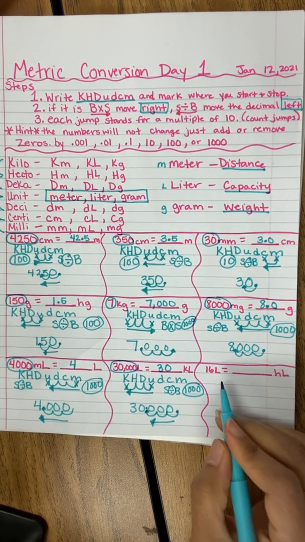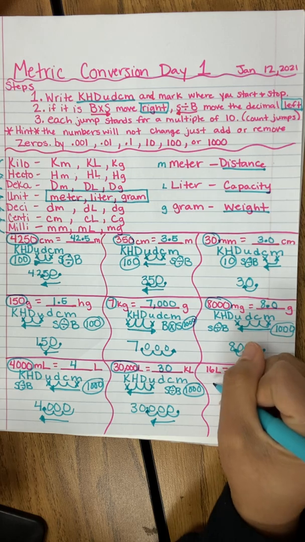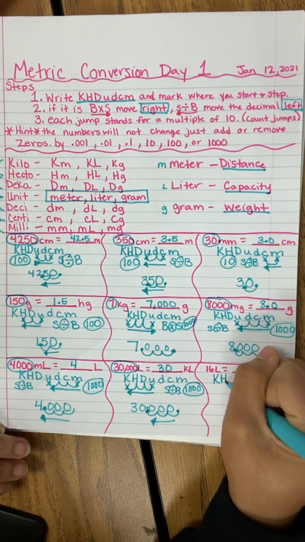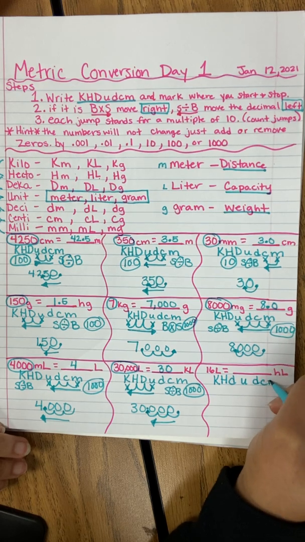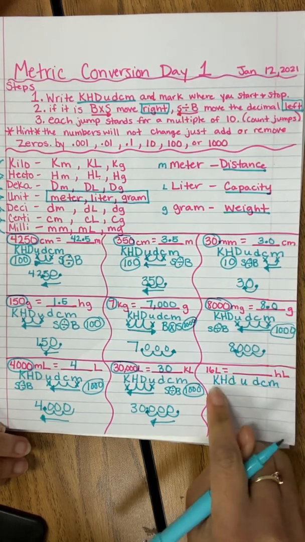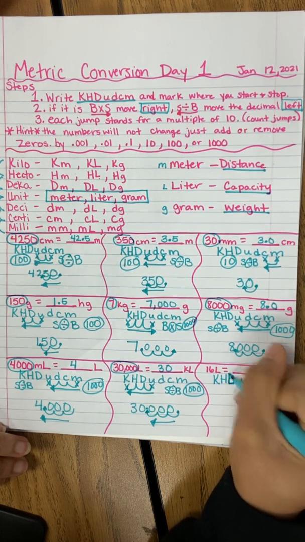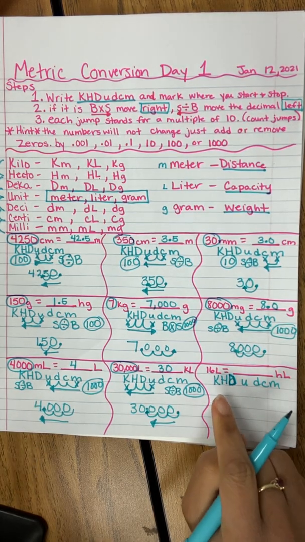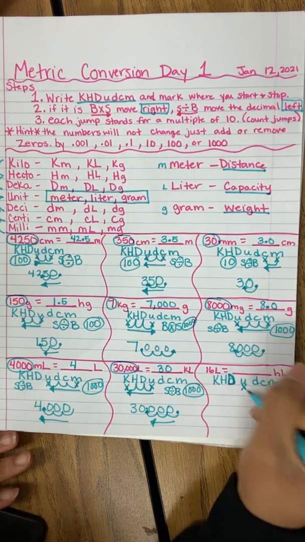Now, I have liters and I have hectoliters. So, King Henry died unusually drinking chocolate milk. Your unit separates your big from your small, so this should have been a capital D. Now, liters is 1 letter, so it falls under unit.